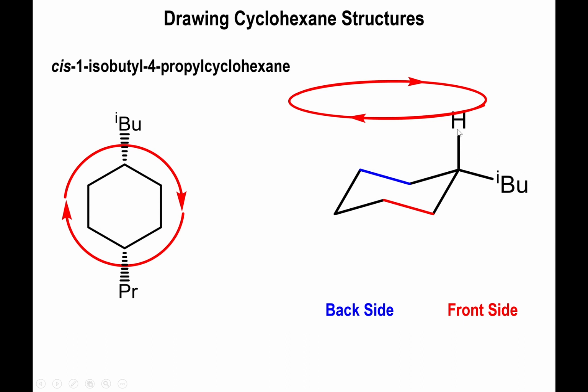So isobutyl below hydrogen. Now position 4, if we go clockwise, this is 1, that's 2, that's 3, this is 4. We also want propyl to be below the hydrogen. And the bond that you draw is axial completely down, and then you have your equatorial going slightly up, but to the left. So you have to place your propyl group below the hydrogen, right? So in the axial position.